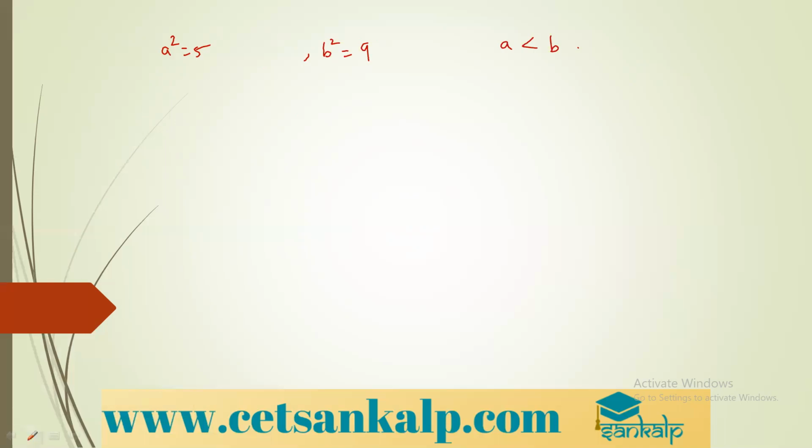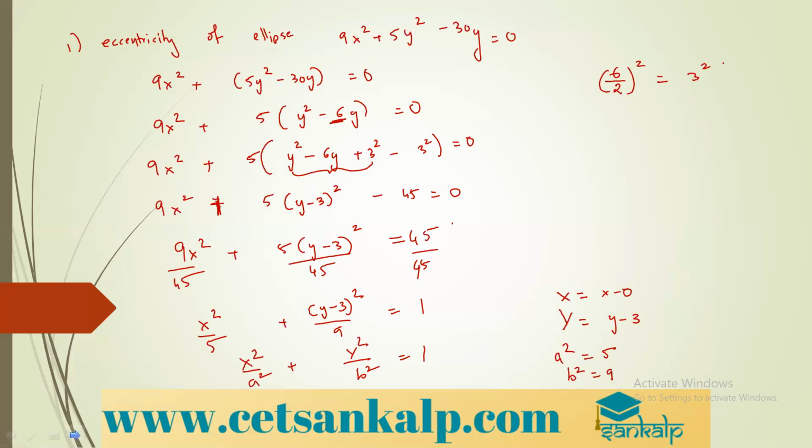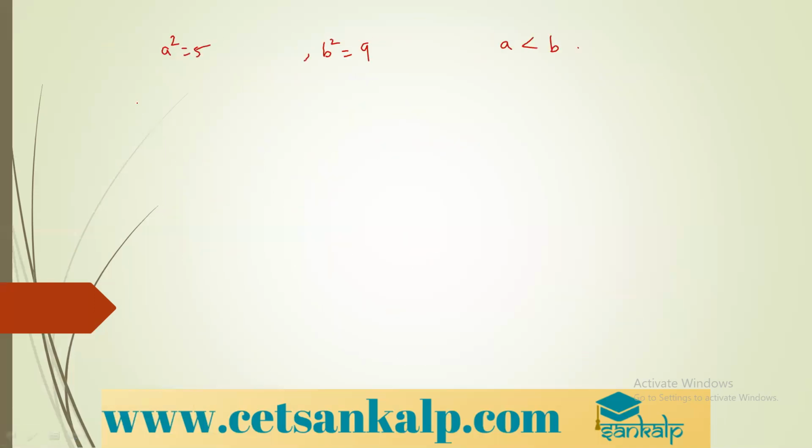Because what is the question saying? It is asking to find eccentricity. So the formula I will be taking is a square equal to b square into 1 minus e square. So a square is 5, b square is 9, 1 minus e square we don't know.